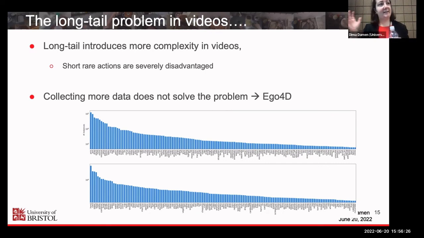But most of what I said is a problem in video understanding, whether you're doing egocentric or sports. How many football matches can you find versus some obscure sport? How can we deal with the wealth of data we have that will never be the same number per class?